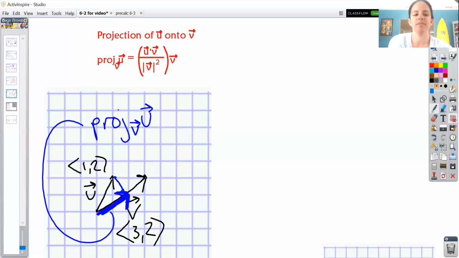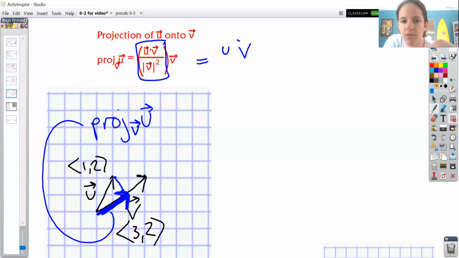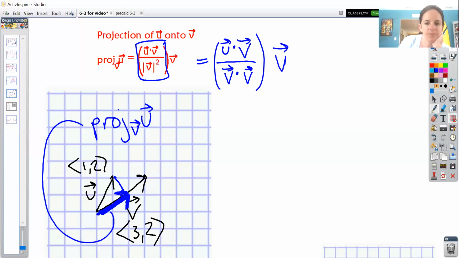And let's go ahead and do this example. Notice all of this is just a scalar, right? It's just u dot v results in a scalar, and then magnitude of v squared is a scalar. And you could also write that as u dot v divided by v dot v, which I actually like, as it's more consistent with the formatting of it, times vector v.